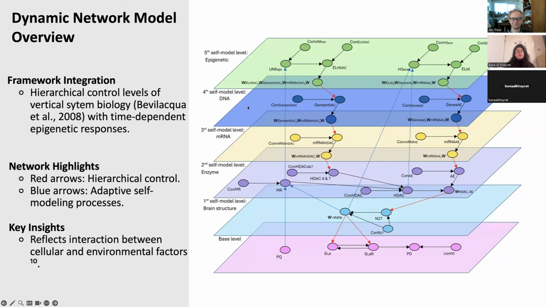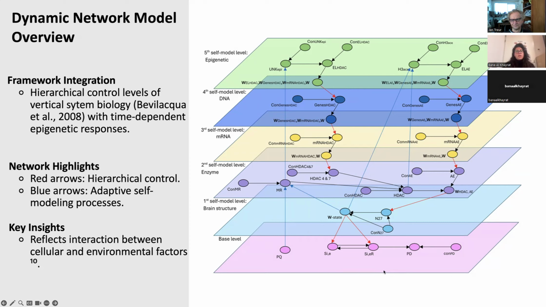First of all, it's a hierarchical control levels, and the vertical system biology was taken into account when modeling this adaptive network. The red arrows that you see here are hierarchical controls, while the blue arrows are adaptive modeling processes. So I'll start with the base level.